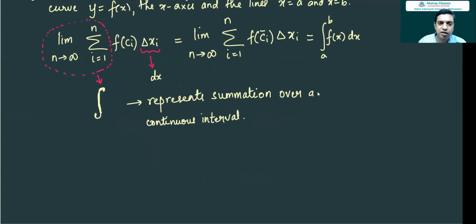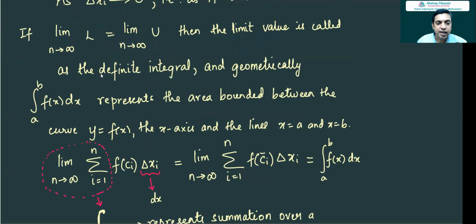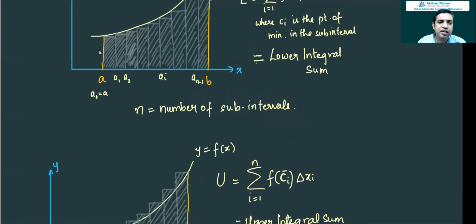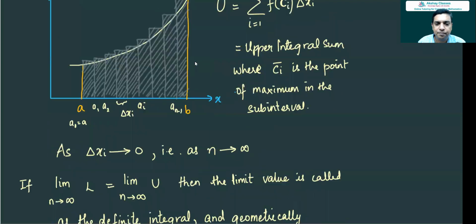So this is the lower integral sum, this is the upper integral sum as n tends to infinity. That is what is called the definite integral, and the definite integral is the area bounded.